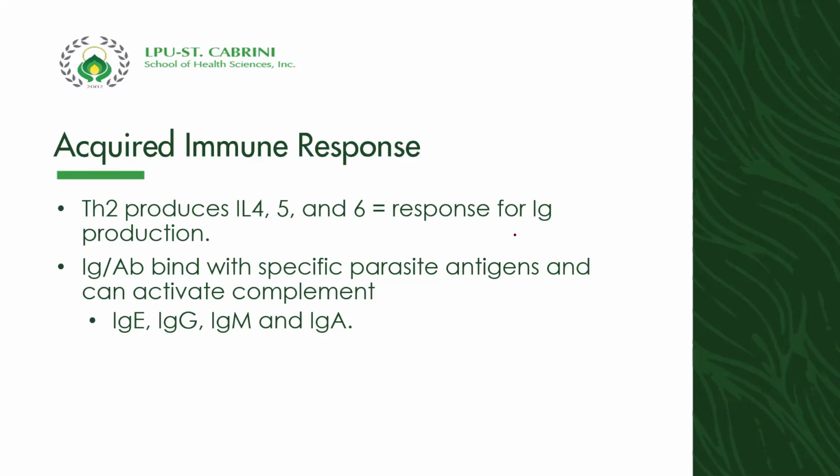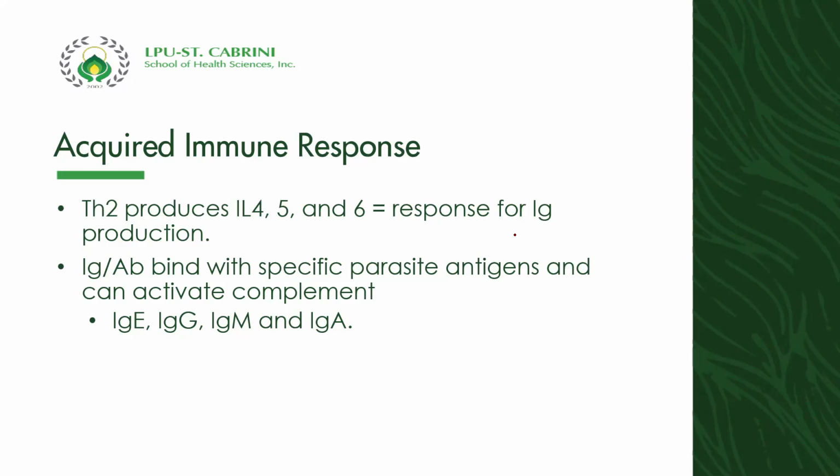T2 lymphocytes produce interleukin 4, interleukin 5, and interleukin 6, which are in response for the immunoglobulin production. Take note that immunoglobulins or antibodies bind with specific parasite antigens and can activate complement.